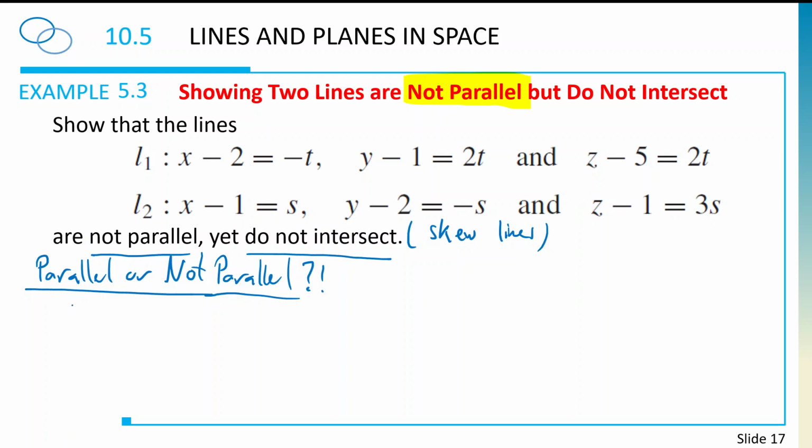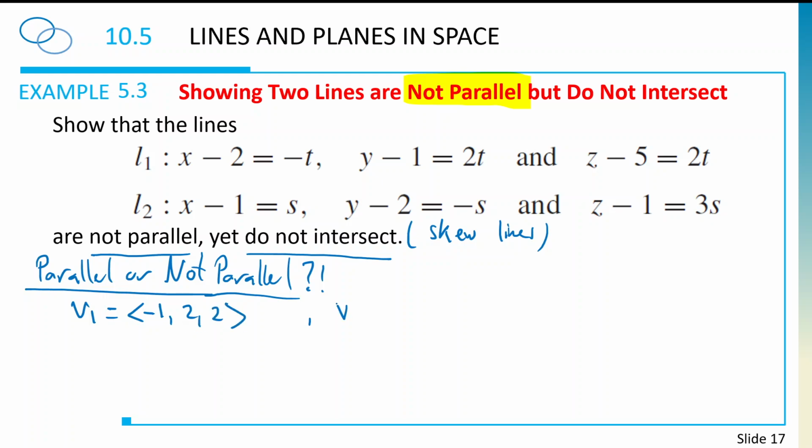For the first line, I'll find the first vector, let's call it V1. We always take the coefficient of t. So for the first one, it's -1, 2, and 2.